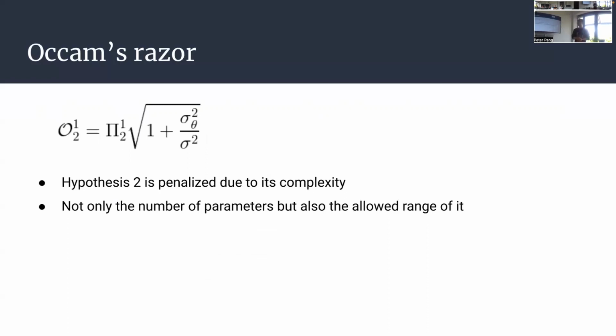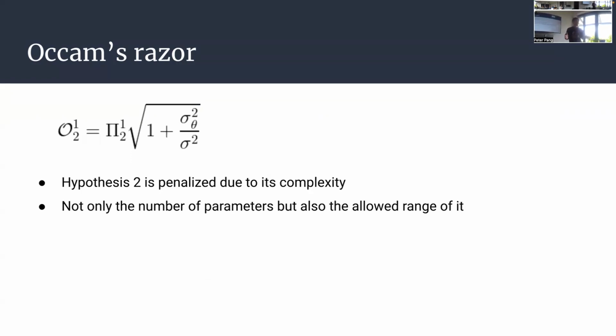What's interesting is that if you look at the odds ratio, or actually the Bayes factor, it will be something like the square root of 1 plus sigma theta squared over sigma squared. Let's look at something. If you remember, sigma theta is the width of the prior in hypothesis 2.